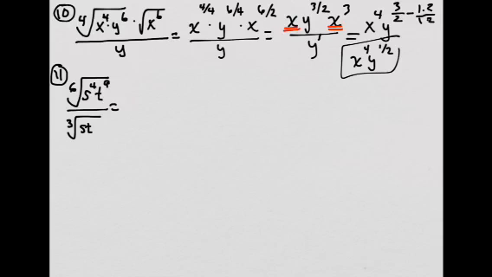Alright, first thing is, again, just like in the previous ones, we're going to change the radical to rational exponents. So I have s to the 4/6 times t to the 9/6 over, and again, because s and t are inside the radical, they each have the cube root.